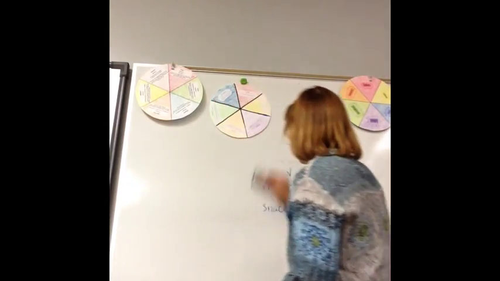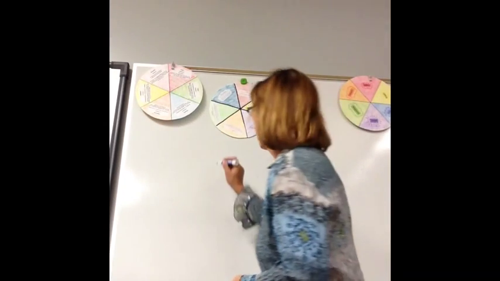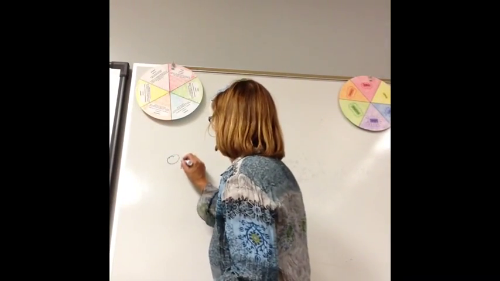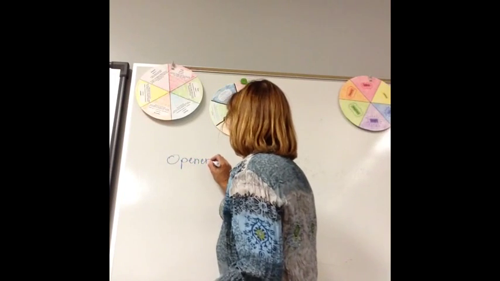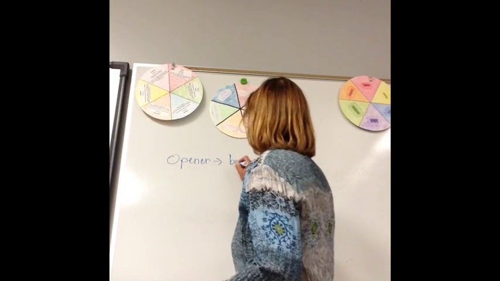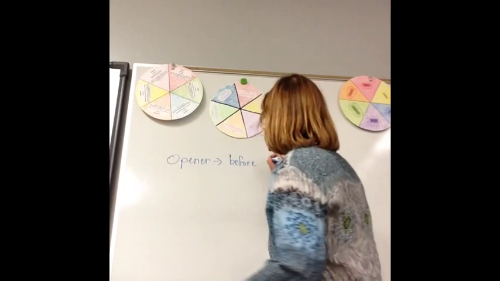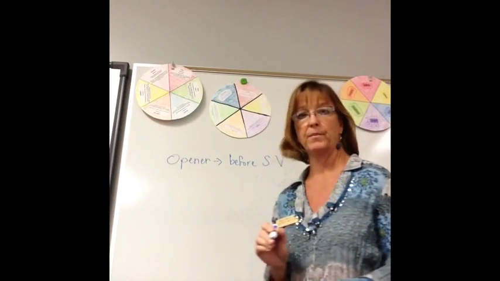Now, both phrases and clauses can come in three different positions in a sentence. They can come as an opener, which means they come before the subject and the verb.